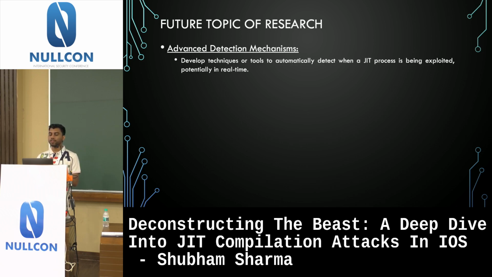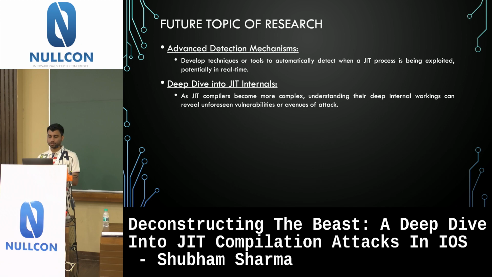One could be advanced detection mechanisms. Maybe Apple is using something in the background so that if any attacker tries to perform such an attack, they are able to identify and fix it at a very early stage, and that could be the reason we have not seen an attack in the last 3 years.